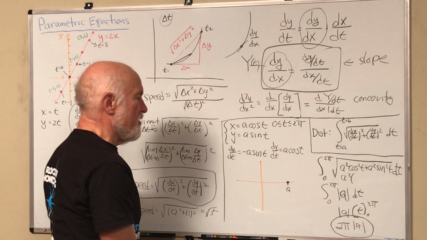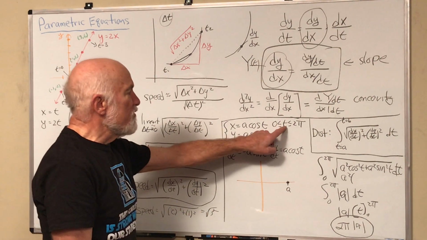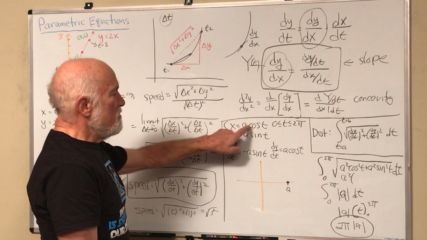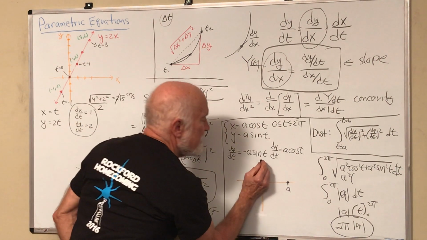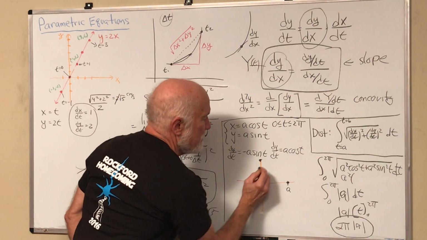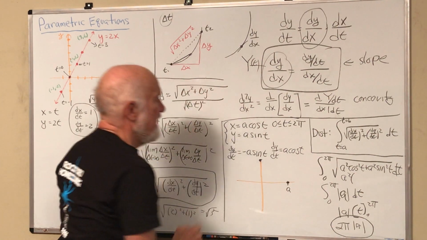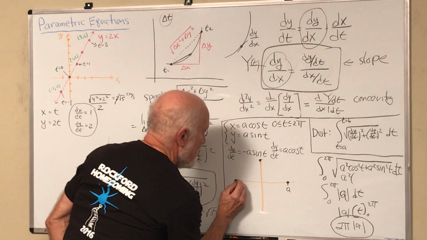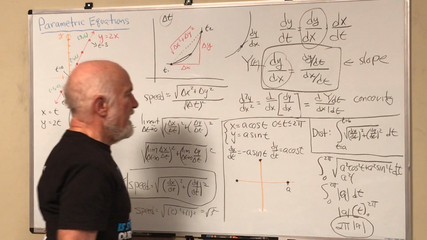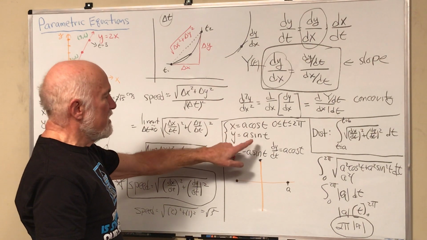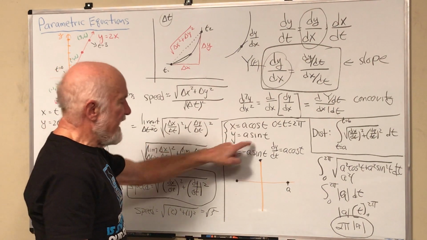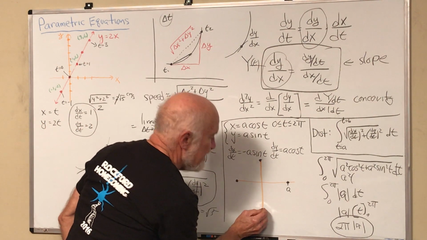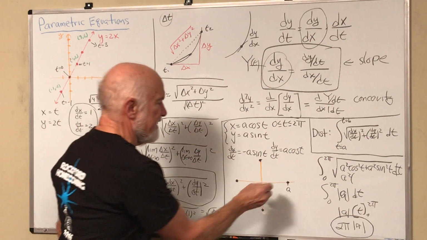That's at time 0. Then at time pi over 2, you'd be at (0, a). And then at pi, you'd be at (negative a, 0). And then at 3 pi over 2, you're at (0, negative a). And then at 2 pi, you're back where you started again.